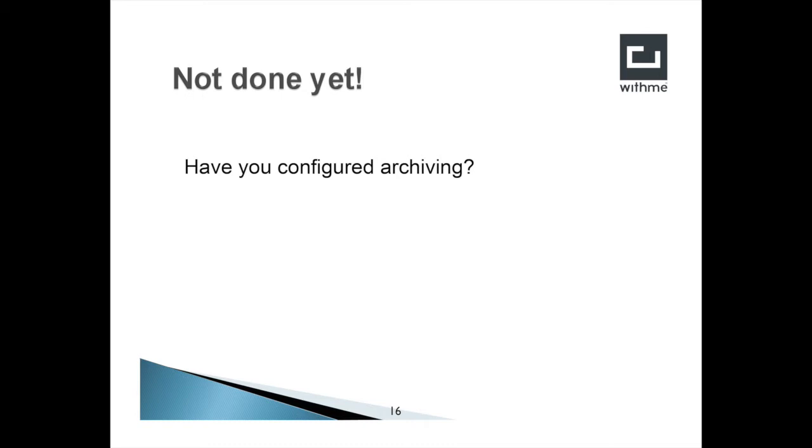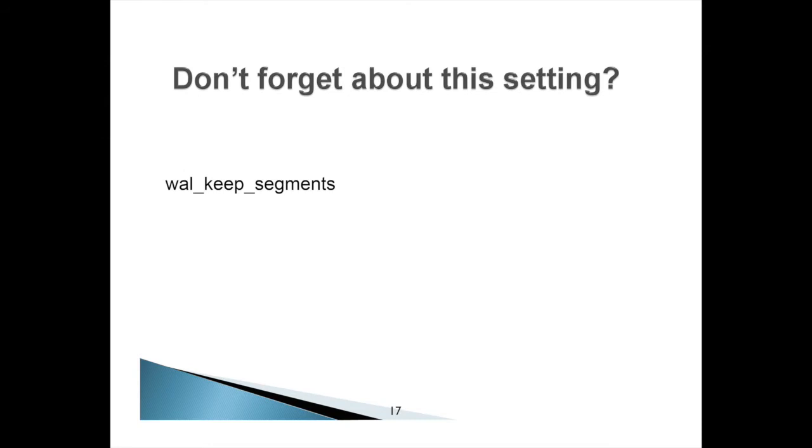Okay, and don't forget about this setting, wal_keep_segments. That's where it's all about. I think I came up with a magic number on one system of about 1 terabyte. I tried all the numbers and eventually started using 10,000 for wal_keep_segments, because what was happening was that I had a primary database of about a terabyte and I couldn't set up a standby because it couldn't keep up with the WAL files, and I did not have WAL archiving.